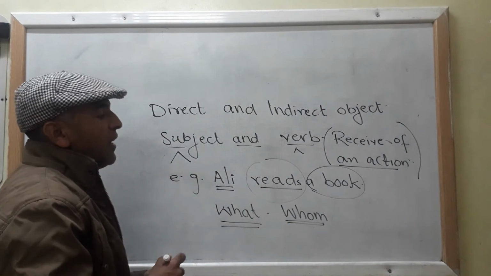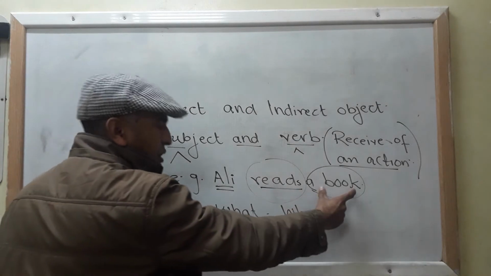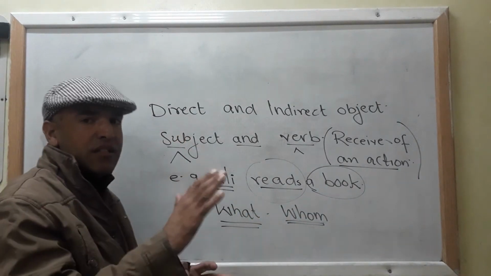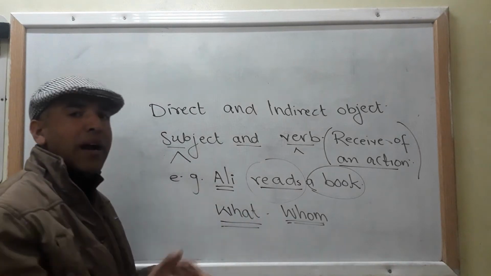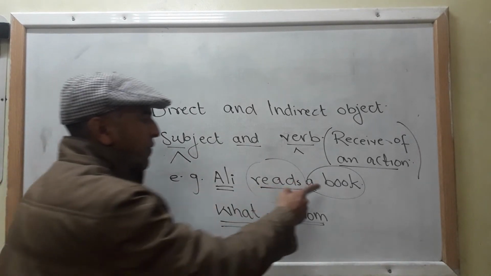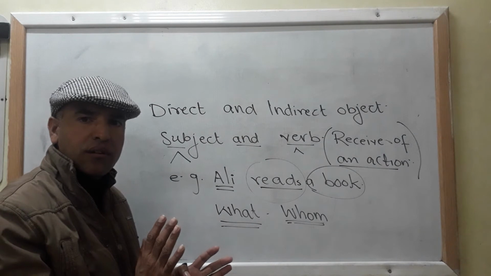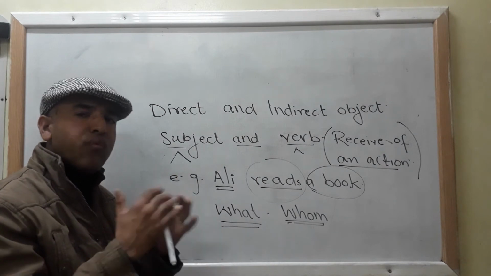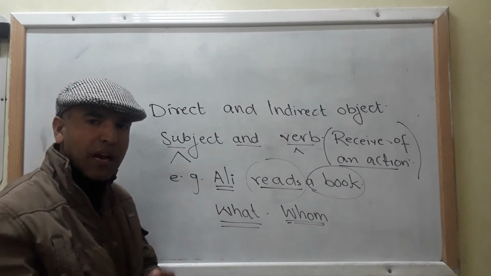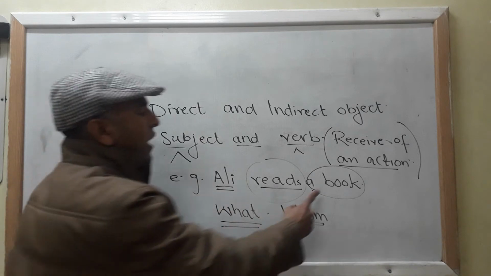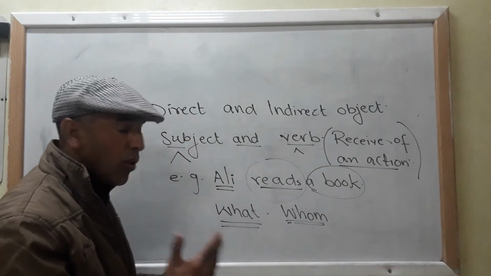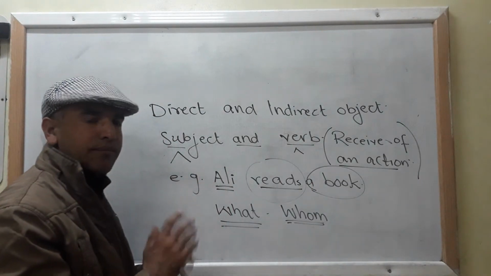So your direct object, a book. Clear? It is clear when you ask the question of what or whom and you find the answer. Definitely it is your direct object. When you ask the question of what or whom to yourselves and you find the answer in a sentence, that would be your direct object. So a book is your direct object.